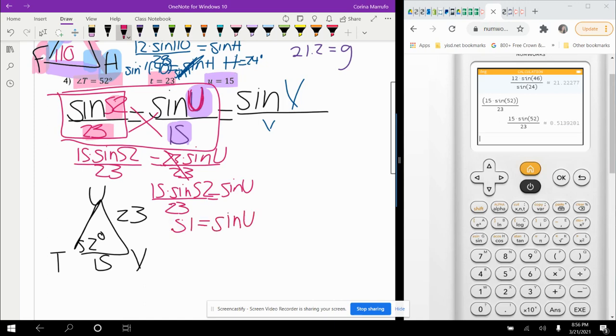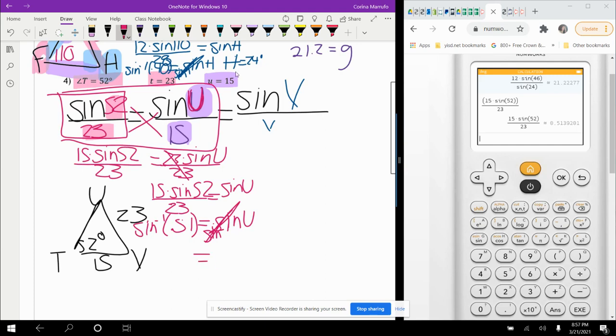Now remember, because we're looking for the angle that's with the sine, we do have to use the inverse sine. So I'm going to use the inverse sine of 0.51. Remember, when you do something to one side, you've got to do it to the other side. That negates the sine, so you just end up with your angle u.